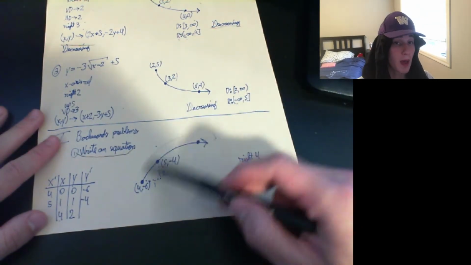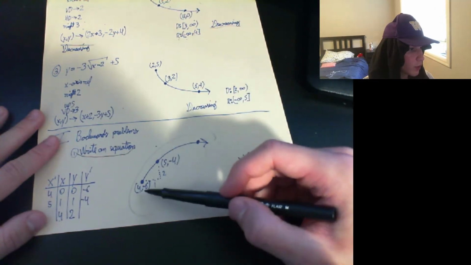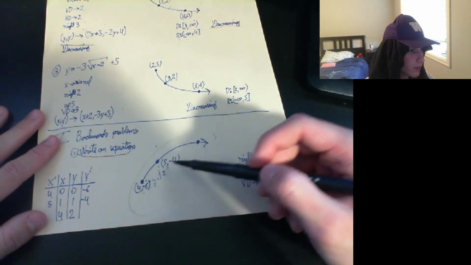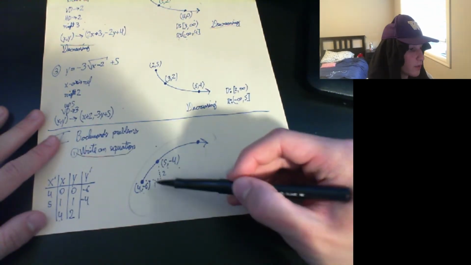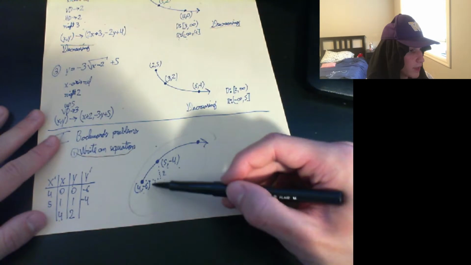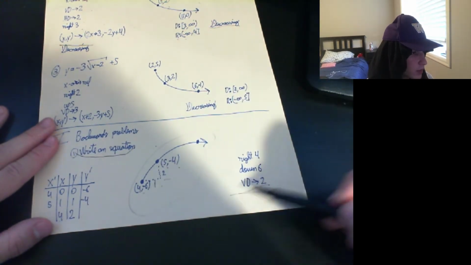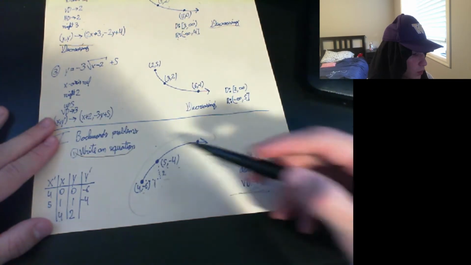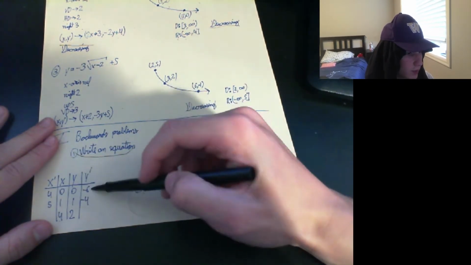And now we're going to talk about backwards problems. Backwards problems are going to be write an equation, and you're going to be given a graph like this. So this graph, we have the points (4, -6) and (5, -4). Evaluating the slope here, we see it's going right 1 and up 2. Therefore, we can state that this is a vertical dilation by a factor of 2.